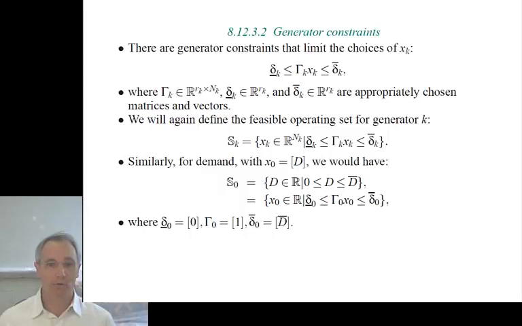And we can put that in the form of our general set of linear constraints by defining delta underline 0 to be the 0 vector, gamma_0 to be a 1 by 1 matrix with the single entry 1, and delta overline 0 to be a 1 vector with the value d overline.